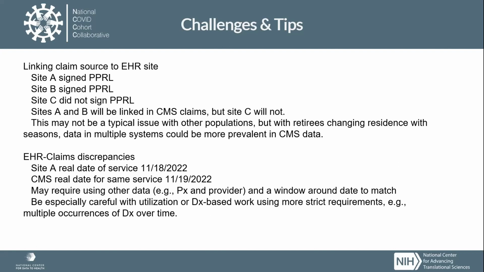And then the second part is the piece I wanted to come back to, and that's just discrepancies. So we see it all the time, and I know a little about why it might happen, but some of it is just errors, and some of it has to do with billing. Like the EHR may put the visit in as the 18th, but there was something happening with the patient the next day for some reason.